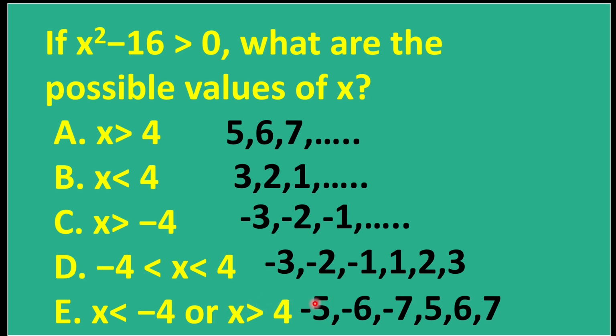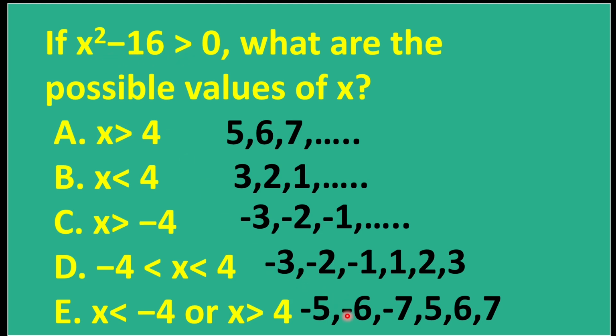If we put minus 5 over here, it will become 25. So 25 minus 16, the result will be 9, which is greater than 0. So this option is also correct. If we put minus 6 over here, it will become 36, and 36 minus 16 equals 20, which is also greater than 0.